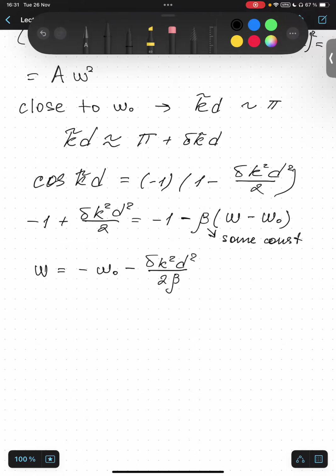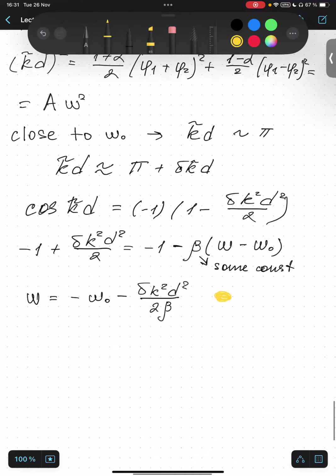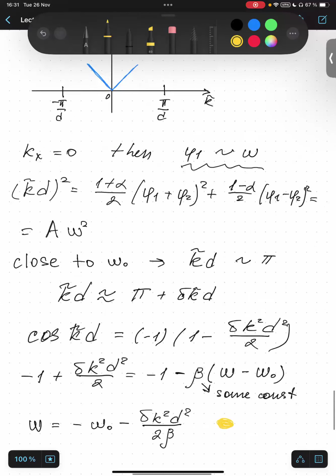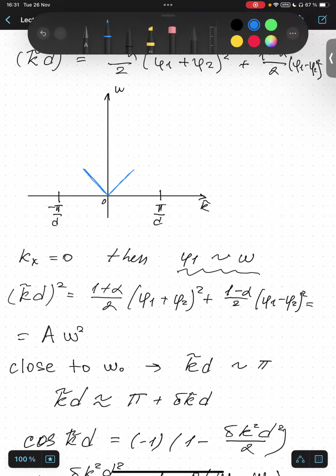And how does it look like? I will just put the marker here and the blue marker here.